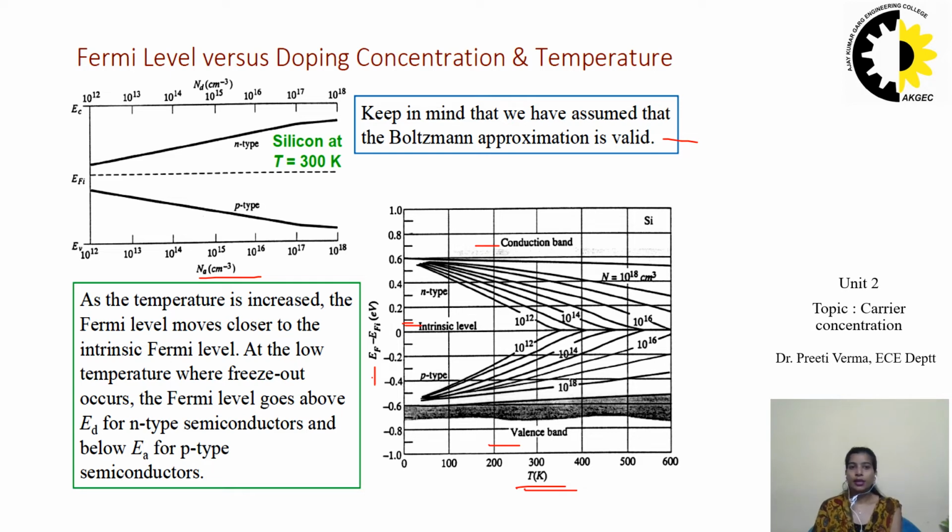At low temperature, where freeze-out occurs, the Fermi level goes above Ed, that is the donor energy level, for an N-type semiconductor and below Ea for a p-type semiconductor.